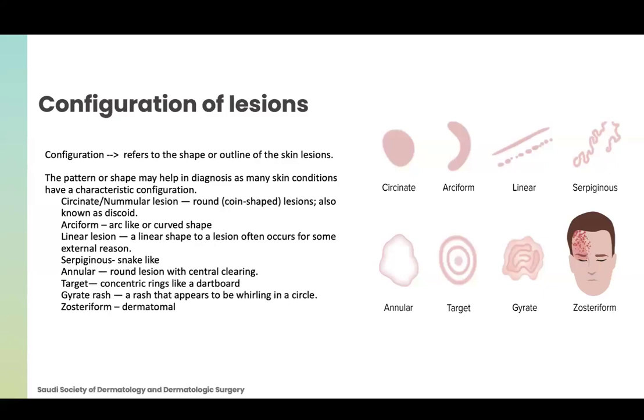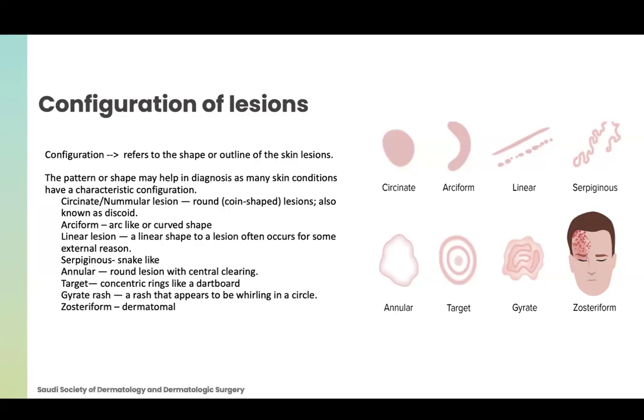Configuration of the lesion, you can put this as part of distribution or morphology. It's basically how the lesion is looking. So circinate or nummular lesion, when it's a round or coin-shaped lesion, you can often see this in nummular dermatitis. Arciform lesions look like an arc or curved linear lesion. Oftentimes this is exogenous and not primary, although in some infectious processes it can happen, or some genetic disorder can happen in a linear fashion.